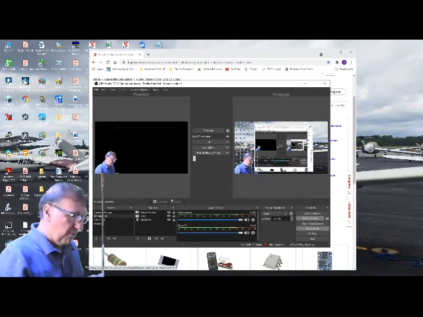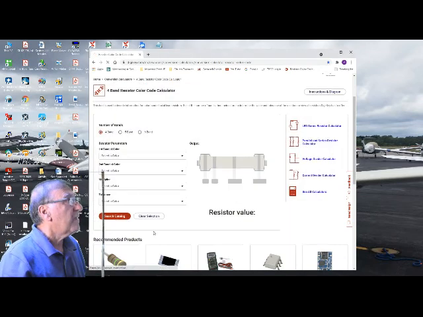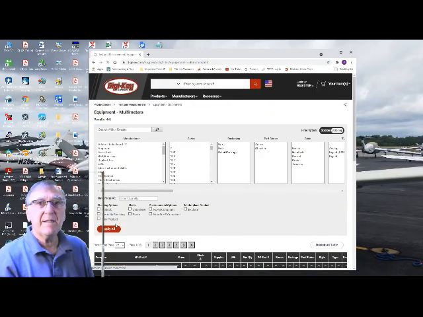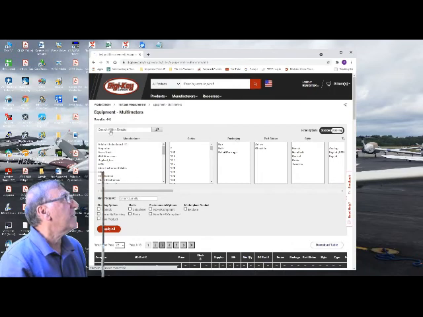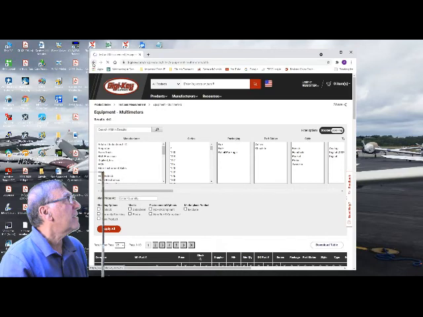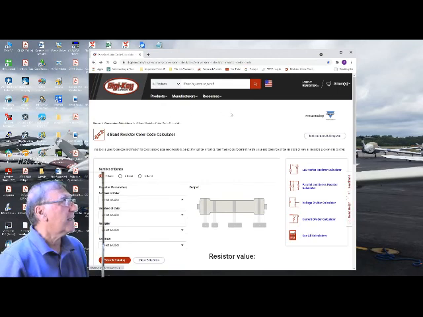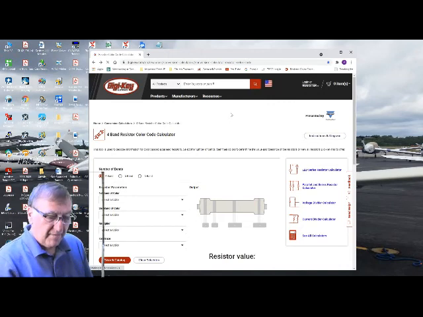Now let's go to color codes. By the way, this is found on DigiKey. Okay, there we go. So this is found on DigiKey, and what we're going to do is, I have a resistor here.